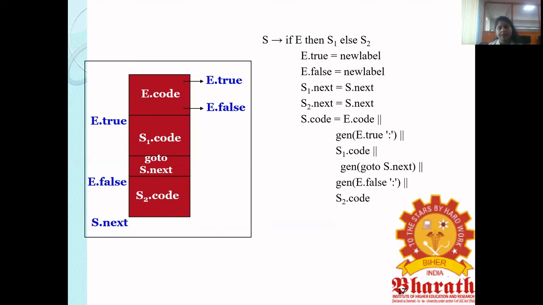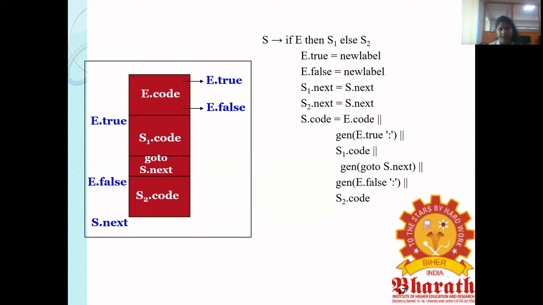Next, S tends to if E then S1 else S2. E dot true is equal to a new label. E dot false is equal to a new label. S1 dot next is equal to S dot next. S2 dot next is also equal to S dot next. S dot code is equal to E dot code. First we execute E dot code, then we generate E dot true.